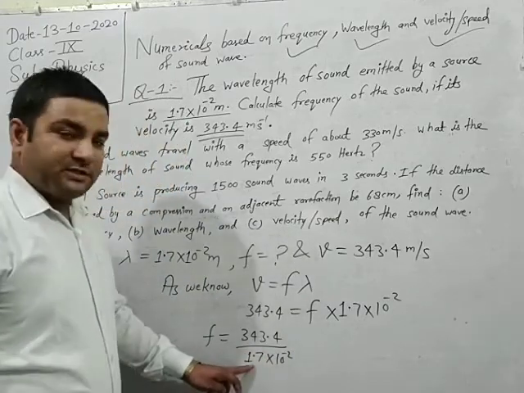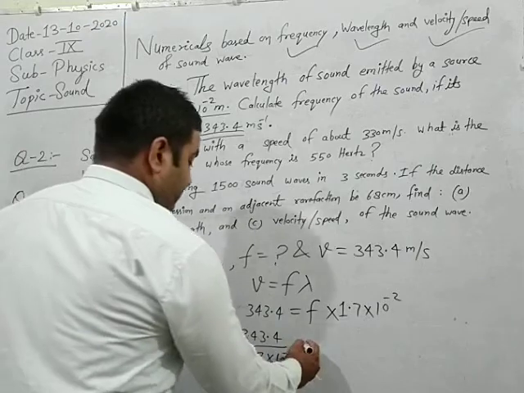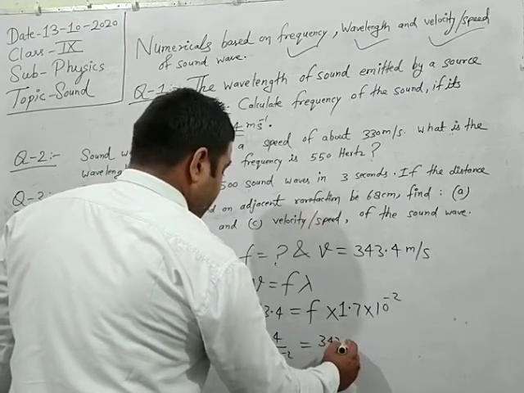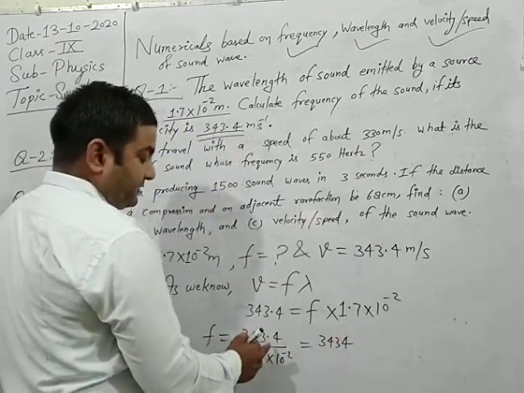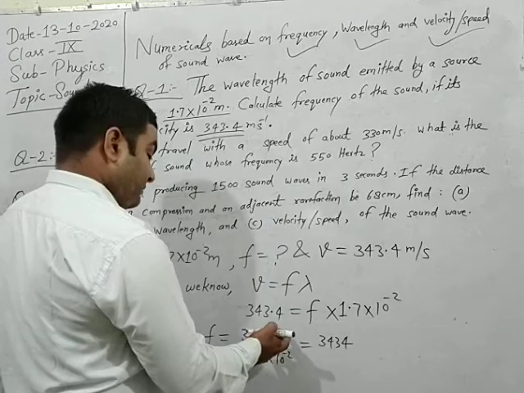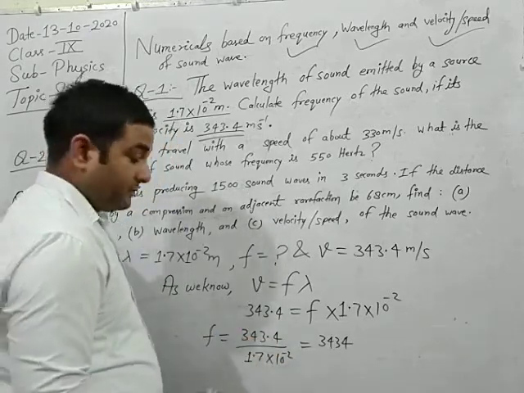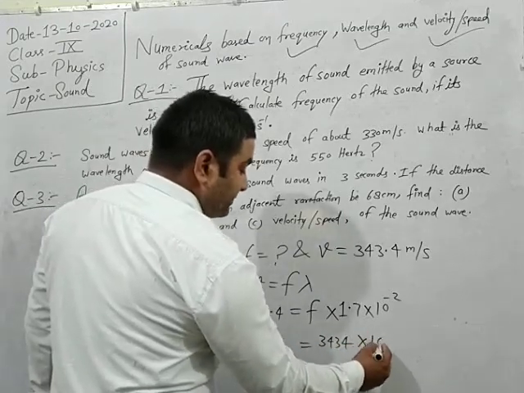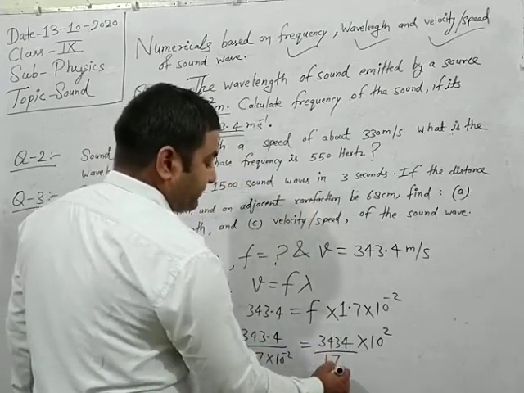When we remove the decimal point, multiplying by 10 in the numerator, this becomes 343 and 4, and 17 in the denominator. So 10 power minus 2, when transferred to the numerator, becomes 10 power plus 2, and this one 17.